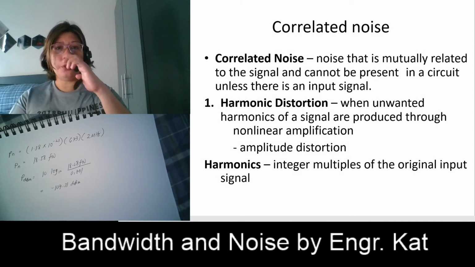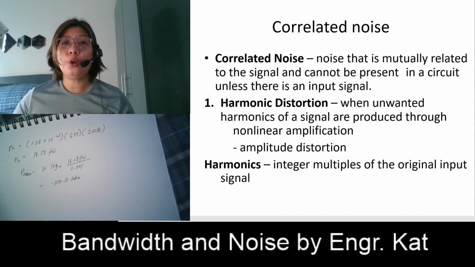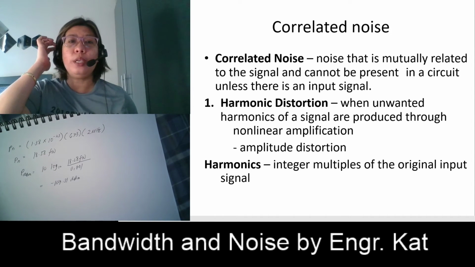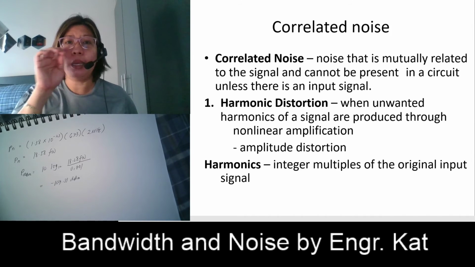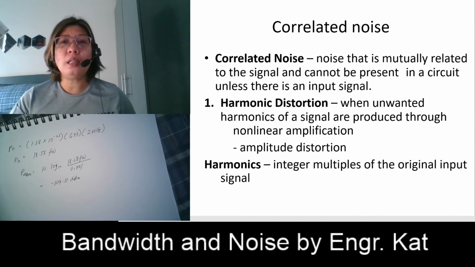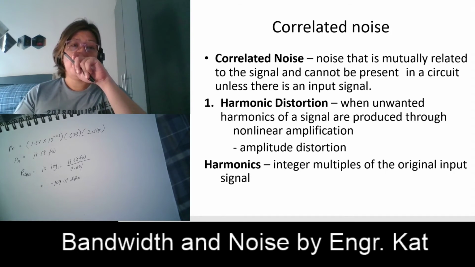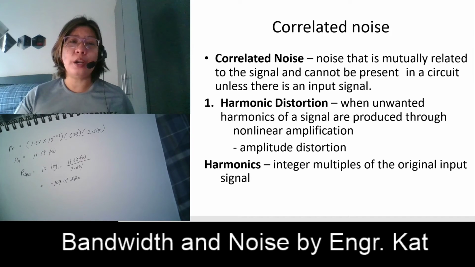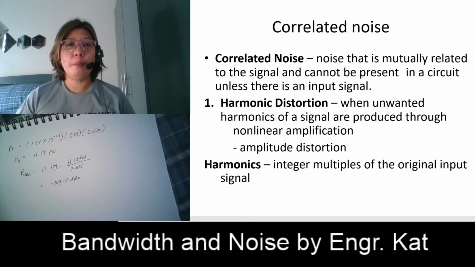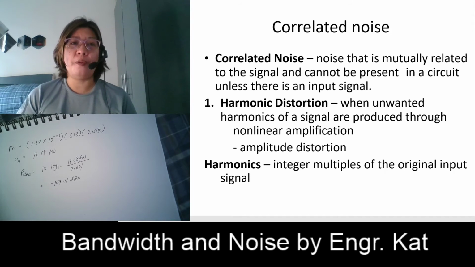The second type of noise is correlated noise. So what is correlated noise? Correlated noise is noise that is mutually related to the signal and cannot be present in a circuit unless there is an input signal. The best example is harmonic distortion, when unwanted harmonics of a signal are produced through nonlinear amplification.